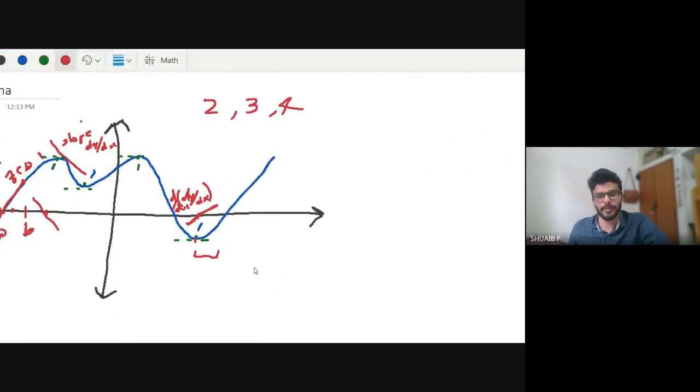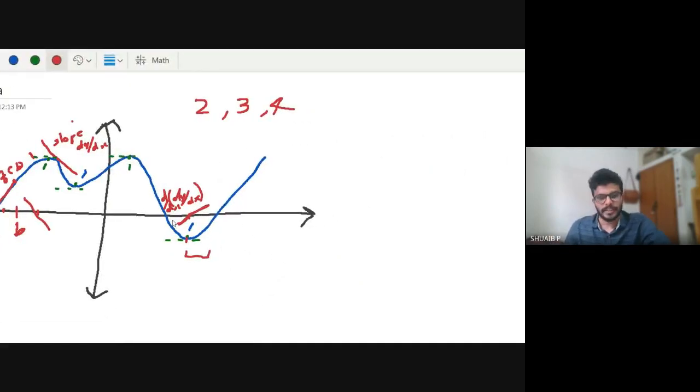For a saddle point, we'll essentially get this line, the dy by dx, to be a line with slope 0.